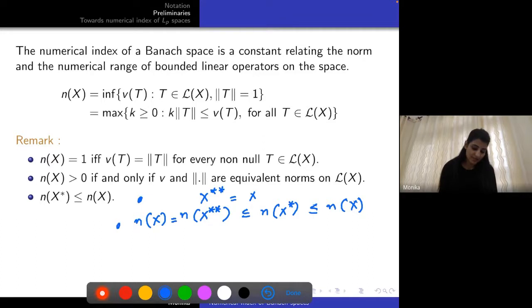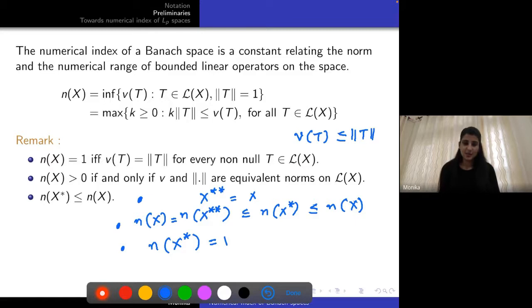Also, if the numerical index of X* is 1, the numerical indices of X* and X will coincide because it's very clear that the numerical index cannot be greater than 1. v(T) is always dominated by the norm of T, and in case they coincide, the numerical index will be 1.